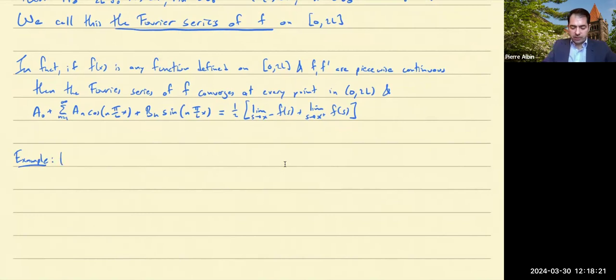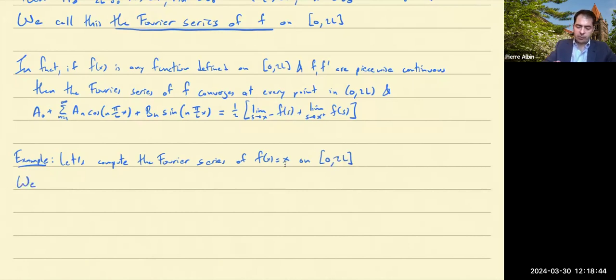So as an example, let's compute the Fourier series of the function f of x equals x on the interval 0 to L. Okay, so we need to compute these coefficients.